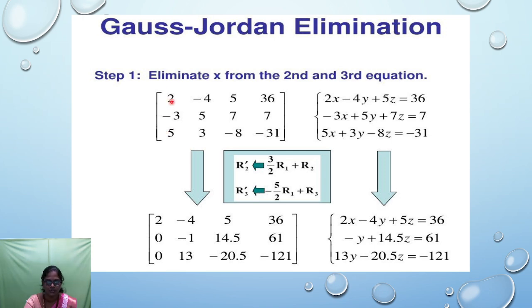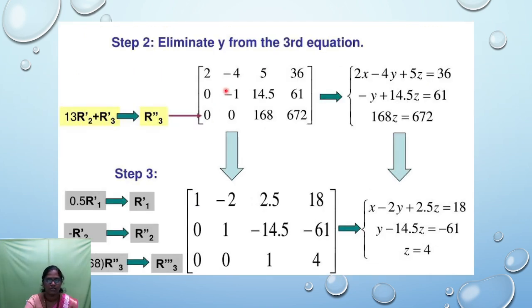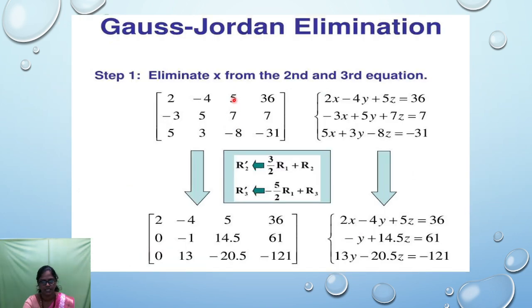So using the first equation 2, minus 4, 5, 36, convert this first element to 0, then again convert this to 0 using the first row. Then after that, what do we do? We will use the second equation to eliminate, or convert to 0, the coefficient of y in the third equation. Okay, check here. Here what do we get?